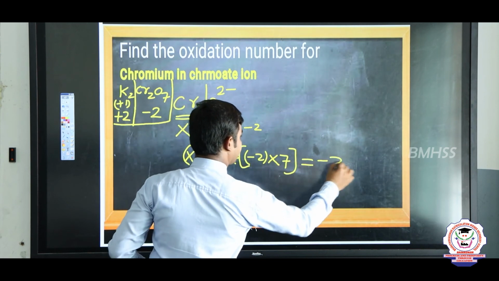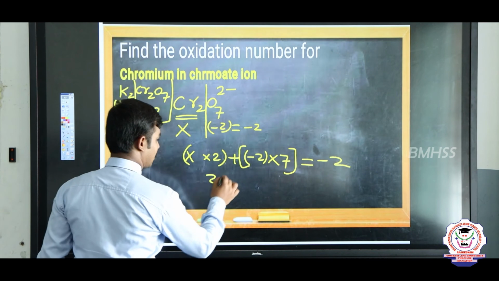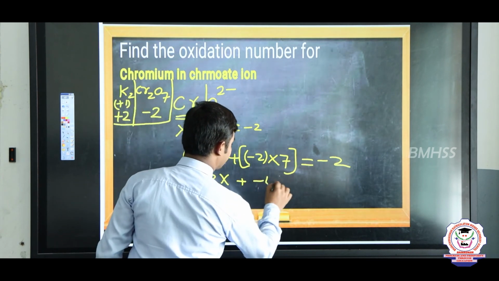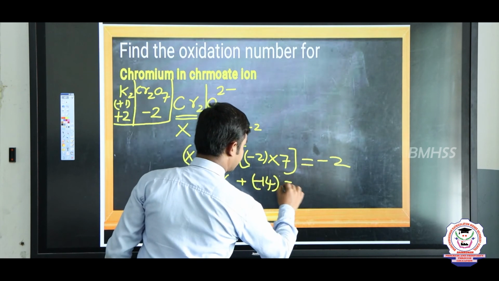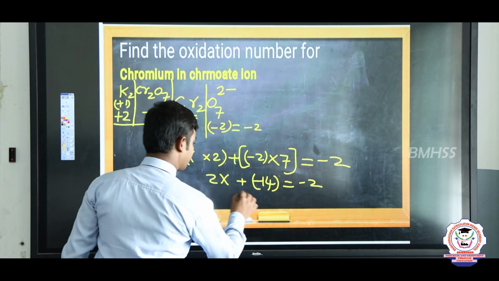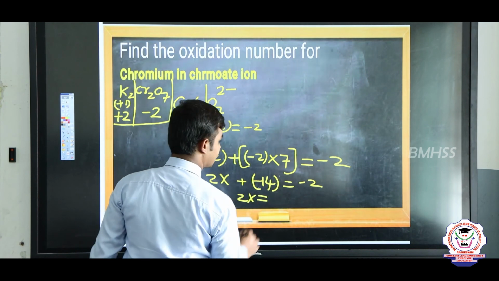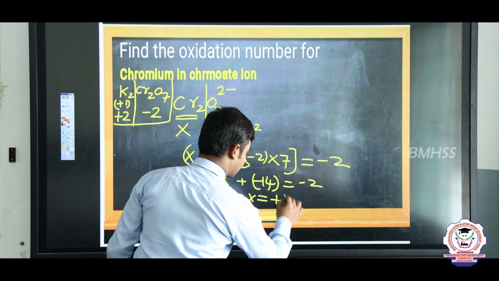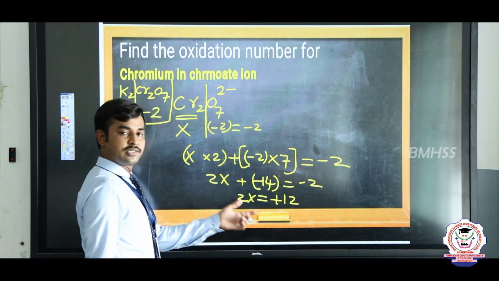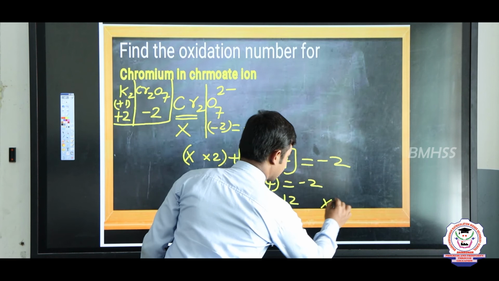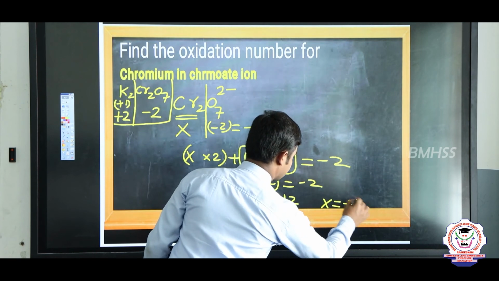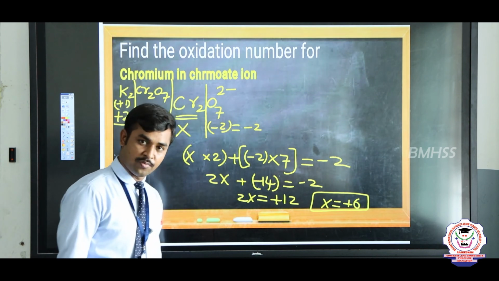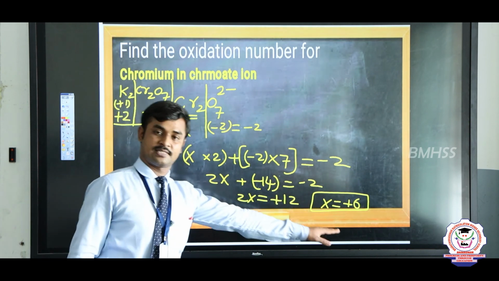The answer is minus 2. So, 2X plus 7 into -2, that is minus 14, is equal to minus 2. So, 2X is equal to minus 2 plus 14. 2X is equal to plus 12. For 1X, we get plus 6. So, the oxidation state of chromium in the dichromate ion is plus 6.